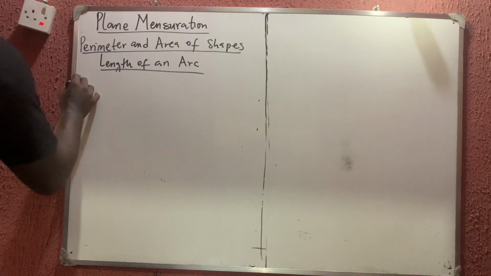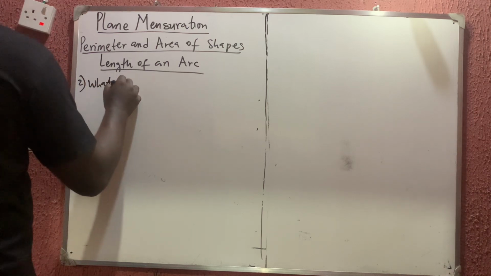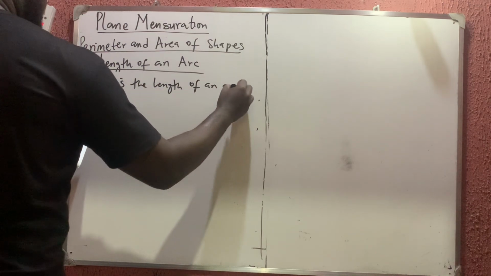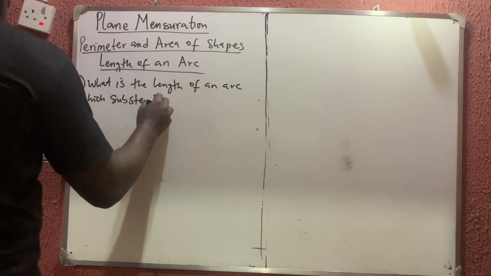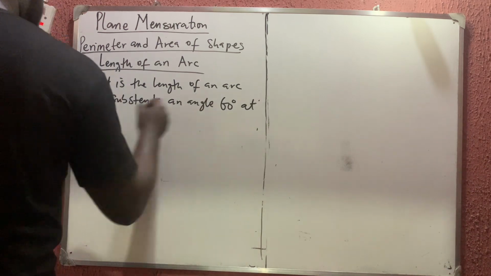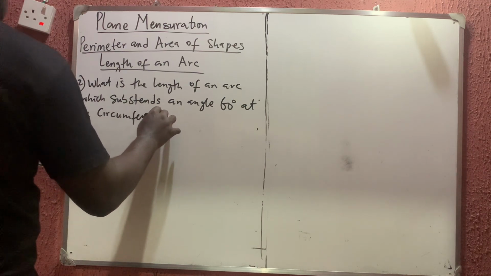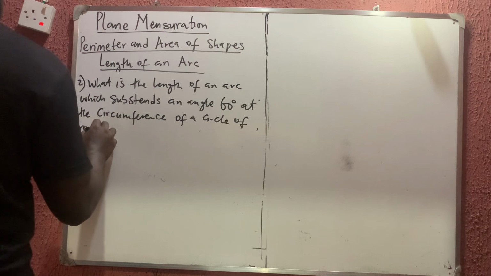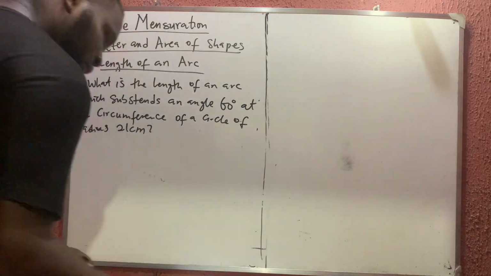It said, what is the length of an arc which subtends an angle of 60 degrees at the circumference of a circle of radius 21 cm? Okay, now this is very simple.